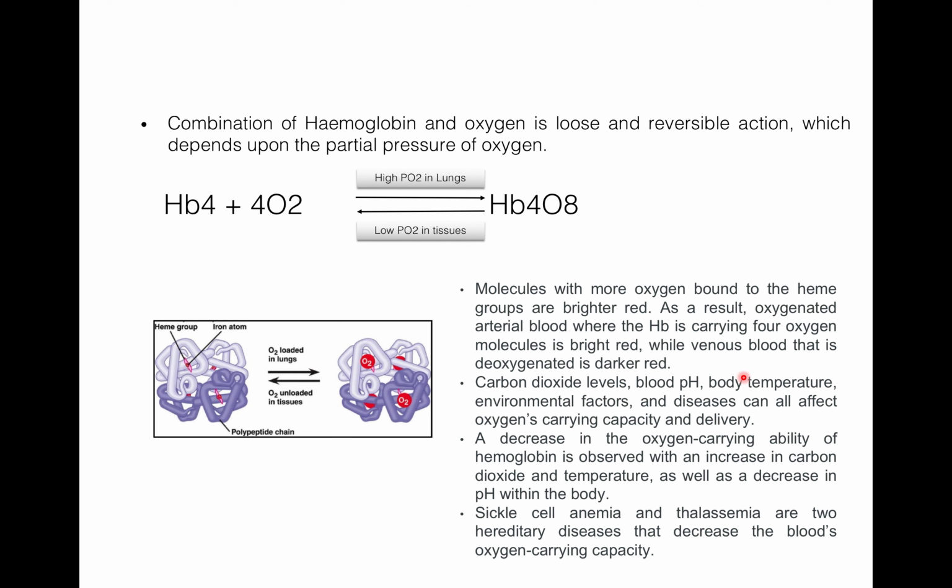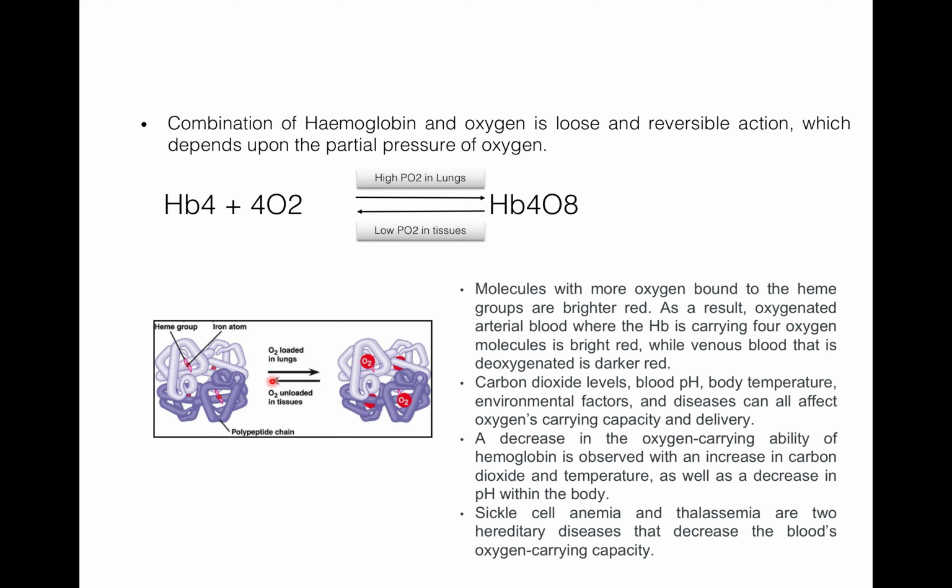A decrease in the oxygen carrying ability of hemoglobin can be observed with an increase in carbon dioxide and temperature, as well as a decrease in pH within the body. And there are also some hereditary diseases that decrease the blood's oxygen carrying capacity. Those diseases are sickle cell anemia and thalassemia.